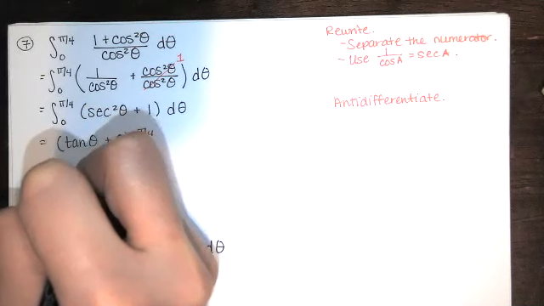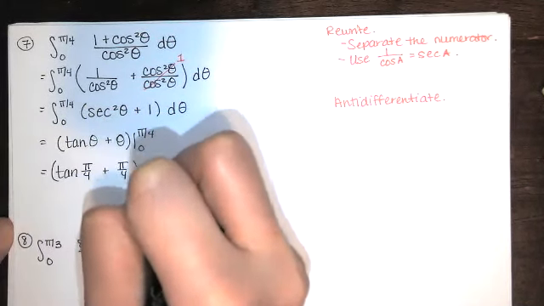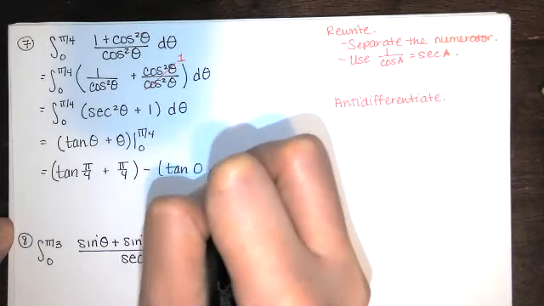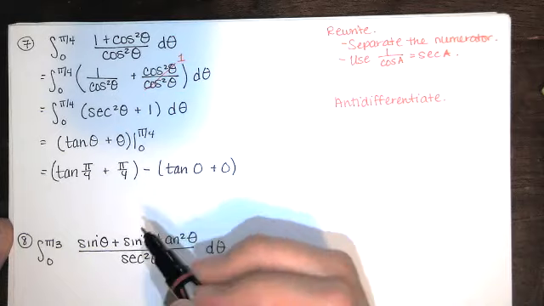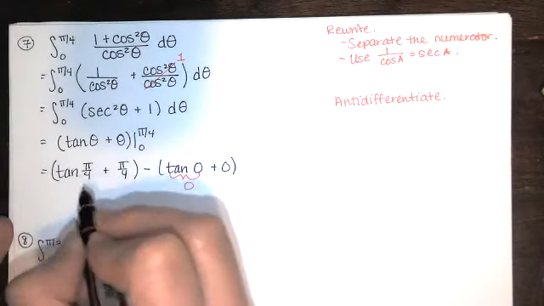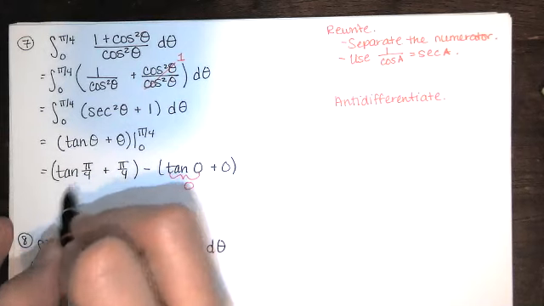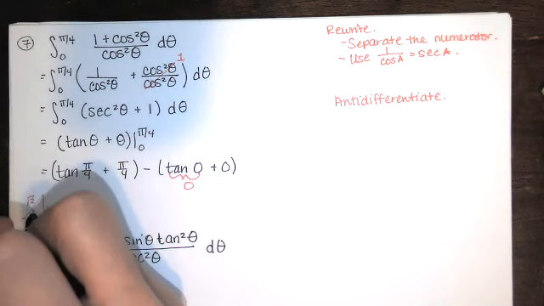So we've got tangent of pi over 4 plus pi over 4 minus tangent of 0 plus 0. Tangent of 0 is sine of 0 over cosine of 0. Sine of 0 is 0, so this is 0. Tangent of pi over 4, that's a 45-degree angle, 1, 1, square root of 2 triangle.